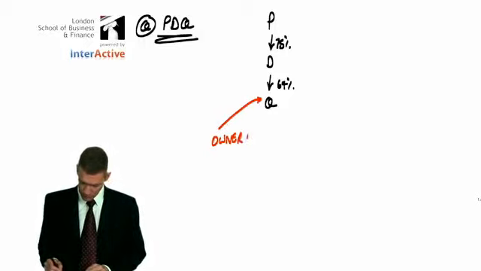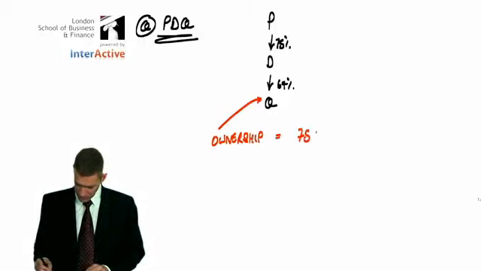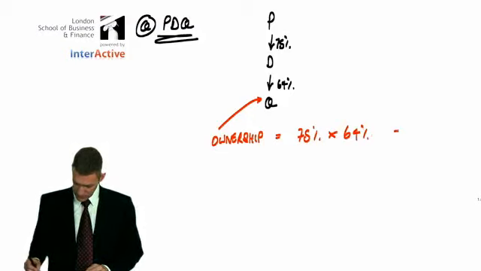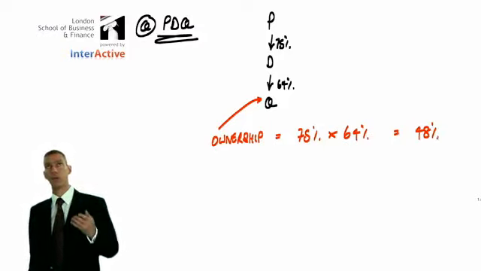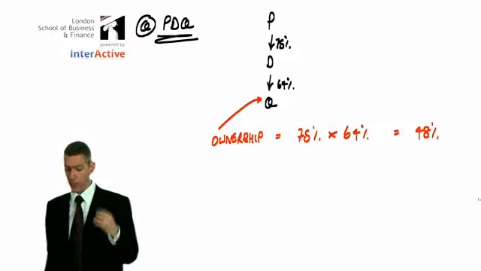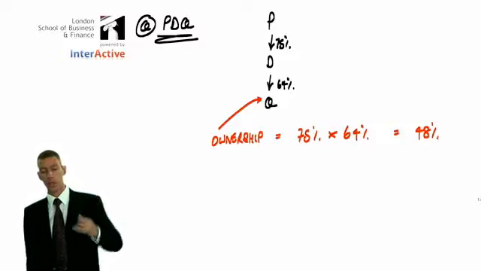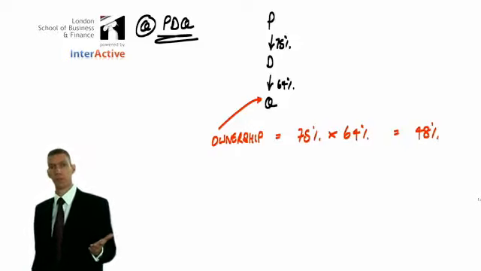Our ownership in the lower entity is equal to 75% of the 64%, and therefore 48%. But despite having less than half of the ownership of the lower entity Q, we in P have control because we can tell D what to do.